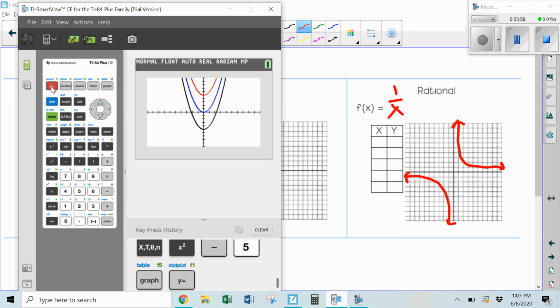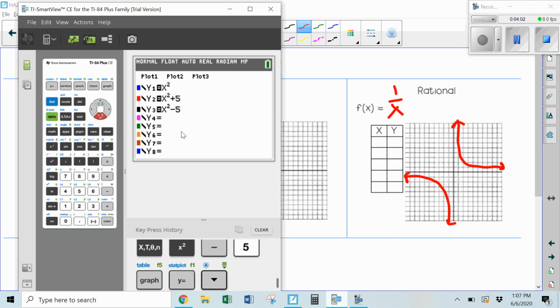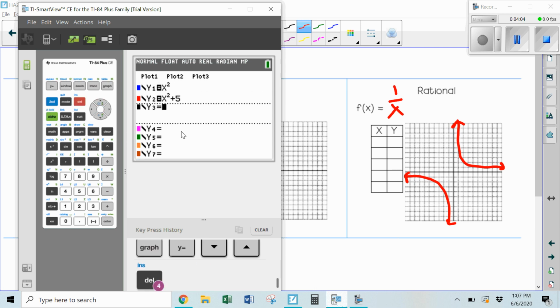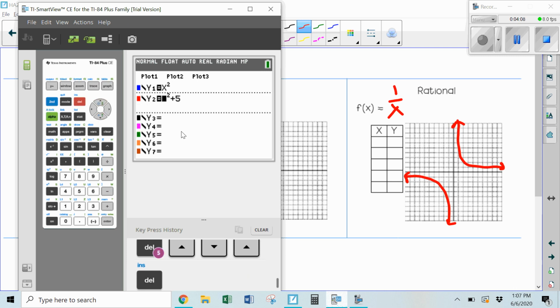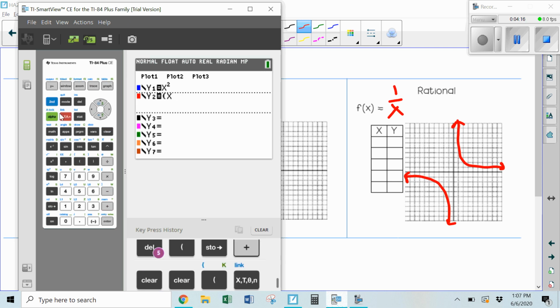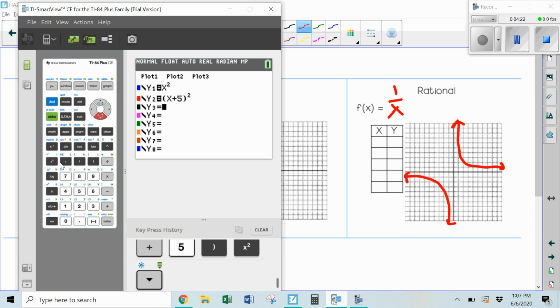Okay, go back to y equals. Let's clear this third one and the second one. And now I'd like you to type parentheses x plus 5, squared. Now notice this is different than what we had before.